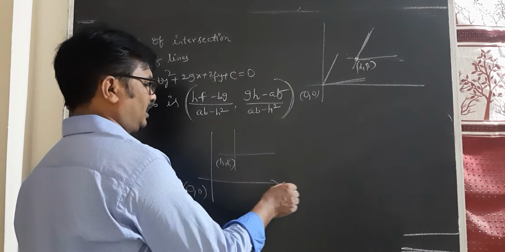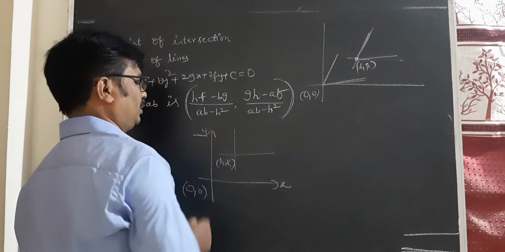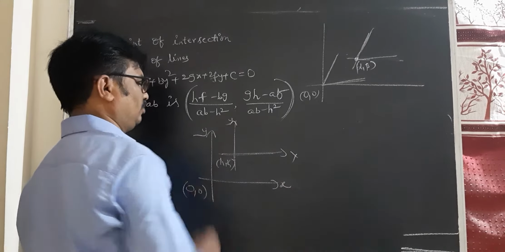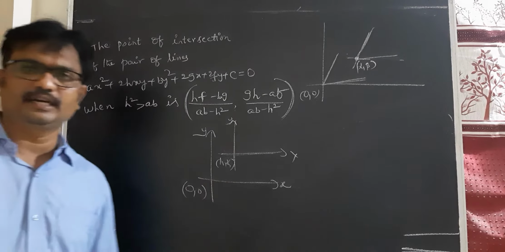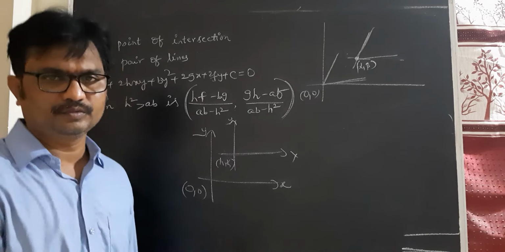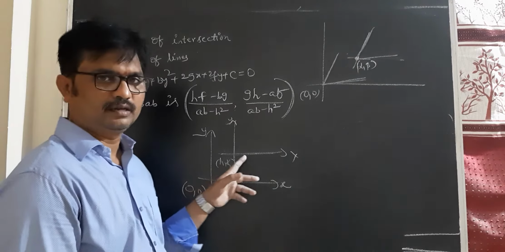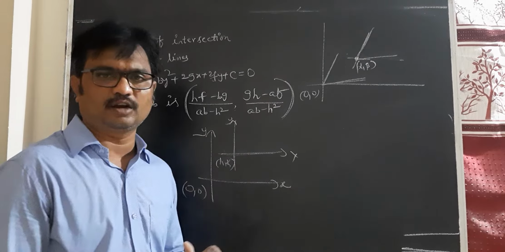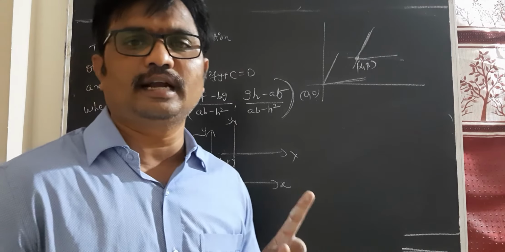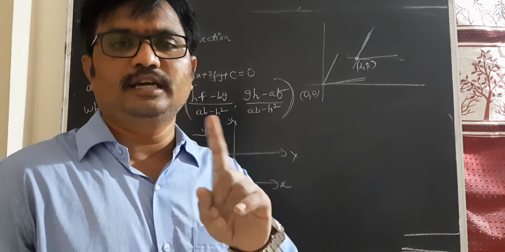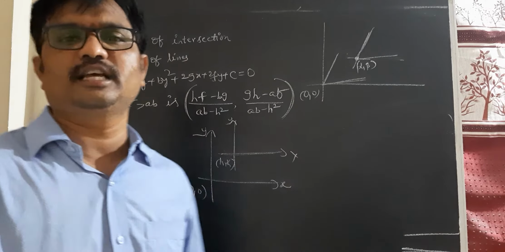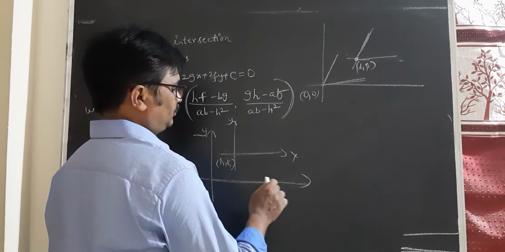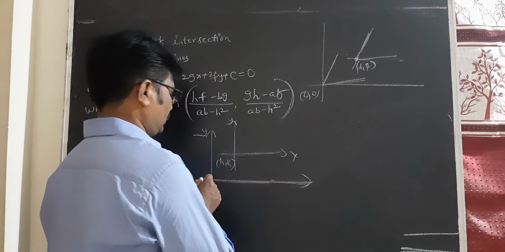Here this is the small x, small y, the original axis, and this is the capital X and capital Y. When the axes are translated to another point without changing the directions of the coordinate axes, the transformation is called translation of axes. Students, definitely I will explain this at the time of change of axis.